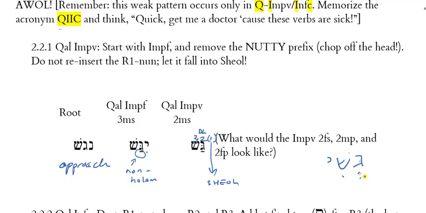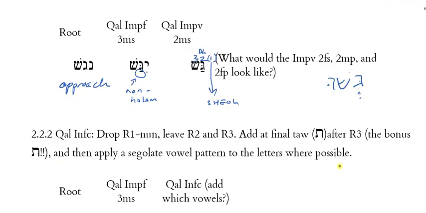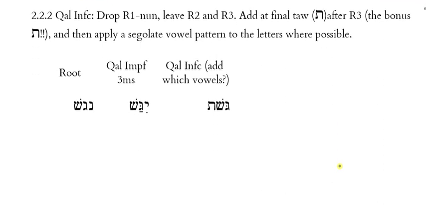Gashi becomes gshi with a vocal shewa. So that would be telling a woman, approach. How would I make the 2mp? It would be gshu. I'd just change the hireq yod to a shureq. All right. So you remember these imperative personal endings. Gshu.